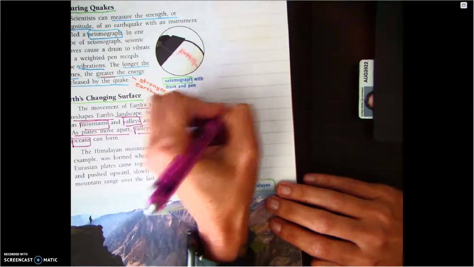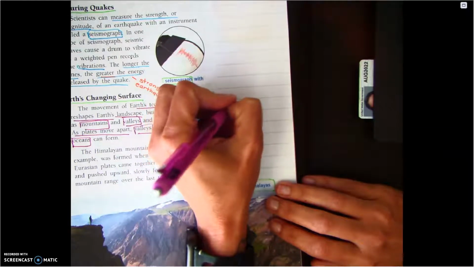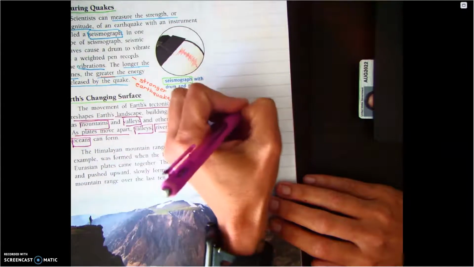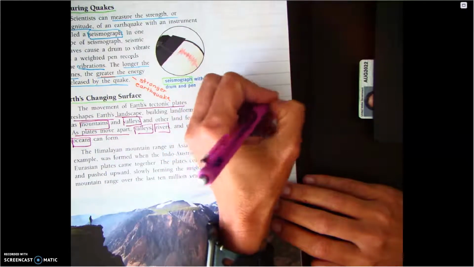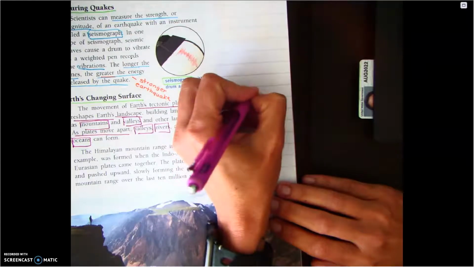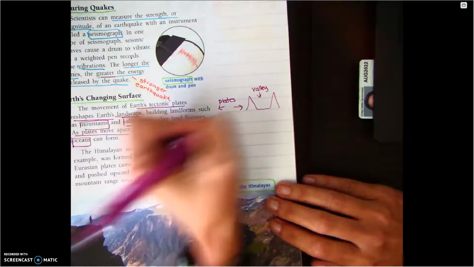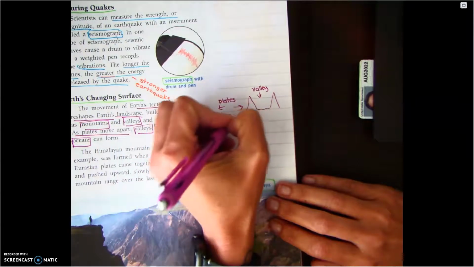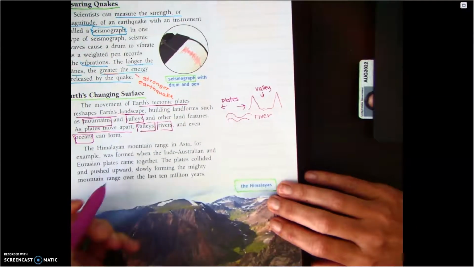So I'm going to make my little notes here. As the plates move apart, that's when I have the valley. So I have the mountain and I have the valley. And it can also be the rivers or ocean. I like pictures, so I'm going to do pictures.